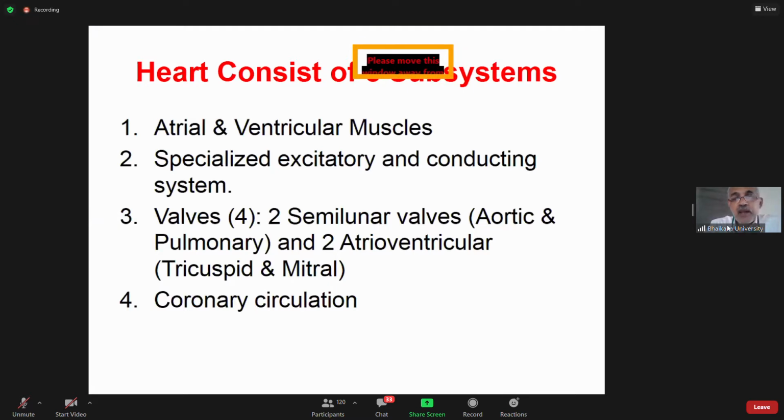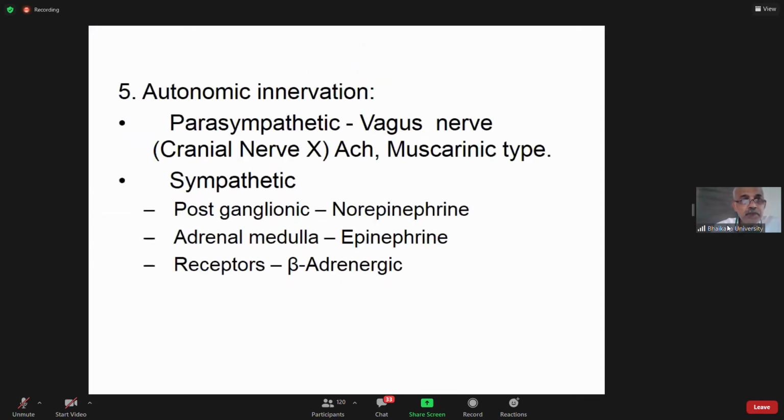These are the specialized excitatory and conducting systems. Then 4 valves, 2 semilunar valves and 2 atrioventricular valves, the coronary circulation, and the last is the autonomic innervation, both sympathetic and parasympathetic.